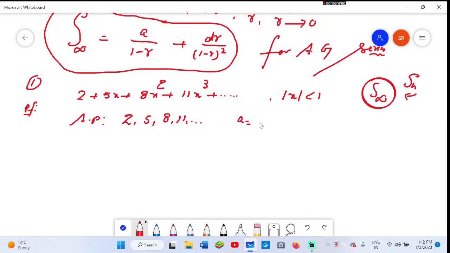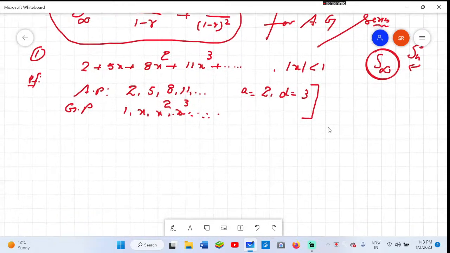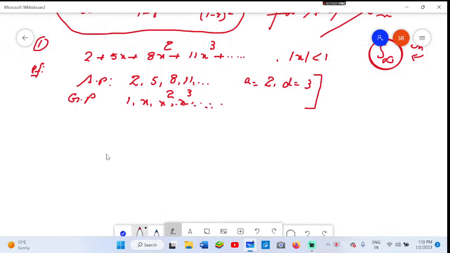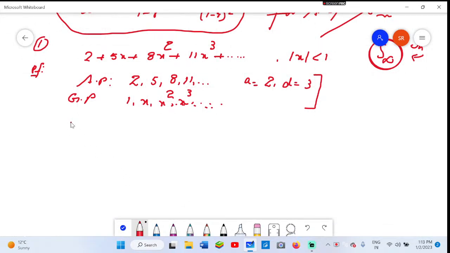With first term 2 and common difference 3, and the GP part is 1, x, x square, x cube we can write. So first step will always be to write the AP and GP component of the given AG series, right?